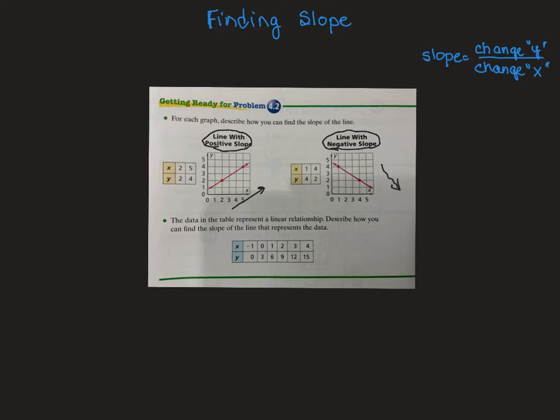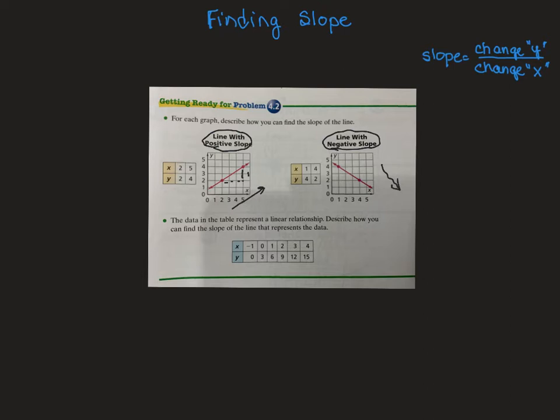The process is to take 2 points on a line if you have a graph, and find out what their coordinates are. This is the change in y, how y changes over how x changes.